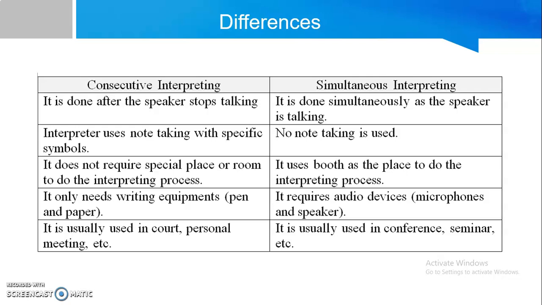And how about the setting of the place when the interpreting is conducted? Consecutive interpreting usually happens in a court, in a trial, dalam persidangan, or personal meetings, for example, presidential meetings, for example, between Joko Widodo and Donald Trump.